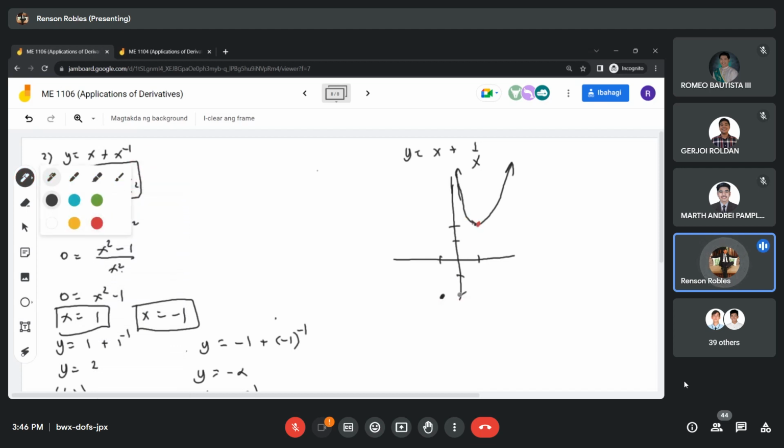So, hindi ka pwedeng bumaba, hindi ka pwedeng lumagpas dito. Okay? And then, pag ganito ka na ngayon. Right? So, this is a relative maximum. And that's the graph of that function. Walang point of inflection kasi hindi siya continuous at x equals 0. Okay? Nagkakaintindihan? Question? Clarification?